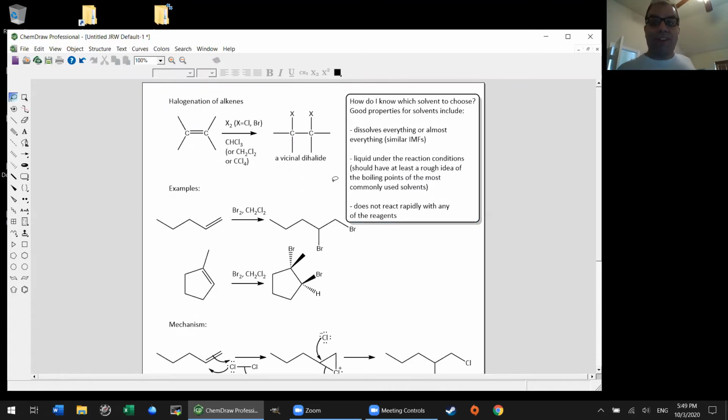And generally, if it doesn't give a temperature, we usually assume room temperature. So we want the solvent to have a boiling point above room temperature, preferably well above room temperature. And room temperature in Celsius terms is generally rounded to about 23 or 24 degrees, give or take.